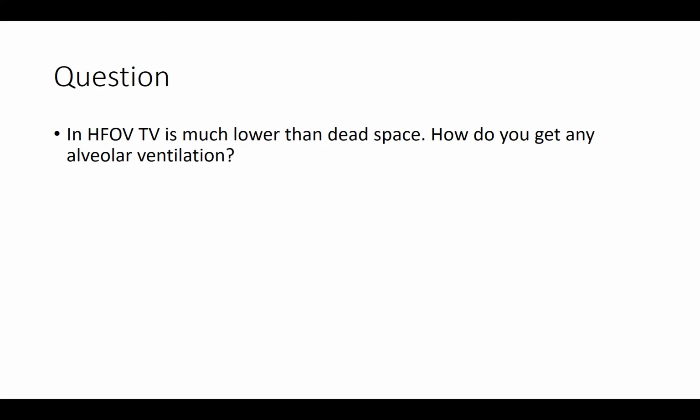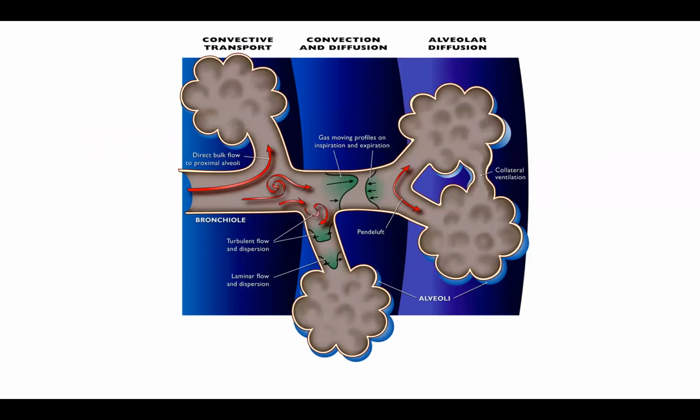How does it even work? How do you get any ventilation when you're ventilating at a tidal volume that is smaller than the dead space? So the answer is it's not your standard forces that we often think about with ventilation, with your air going in the alveoli by bulk flow, so that you get a little bit of bulk flow into the proximal alveoli, but that's the minority of it.